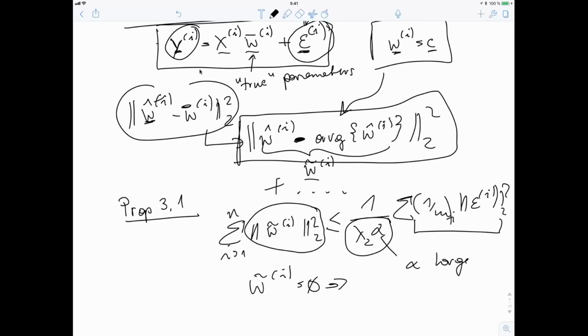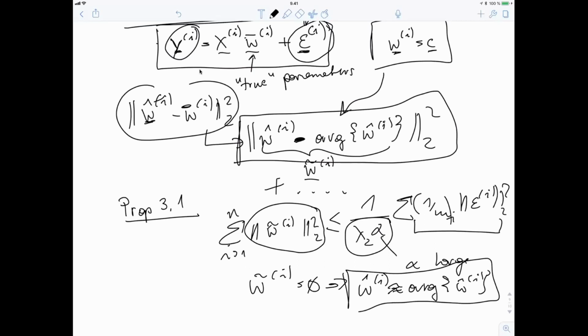And this means in turn that this W tilde goes to 0. But if we insert the definition here, this means that for all nodes, W hat i becomes more and more equal to the average over all W hat i. So if you make alpha large, this deviation of the learned parameter vectors from their average over all nodes becomes smaller and smaller.